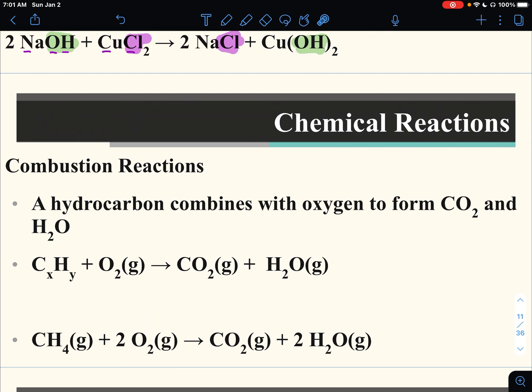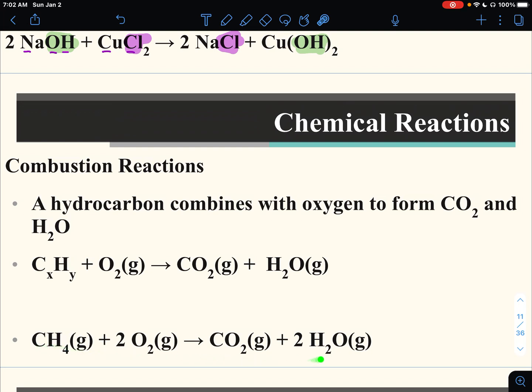So the X and Y are the subscripts here. You'll notice that the only thing that can change in this entire generic reaction is the X and Y. Everything else is set. So we have CxHy, the hydrocarbon. It's always going to be O2, oxygen's diatomic. And your products are always going to be CO2 and H2O.